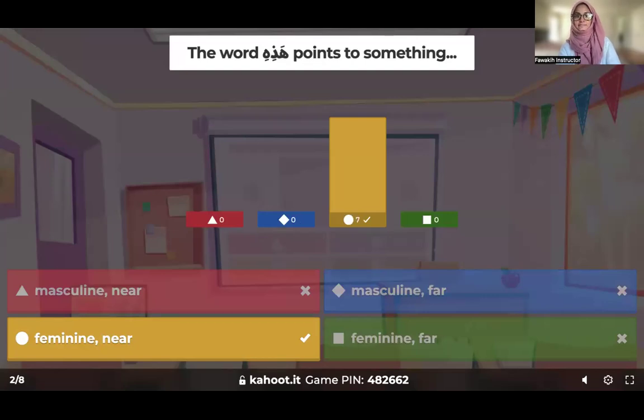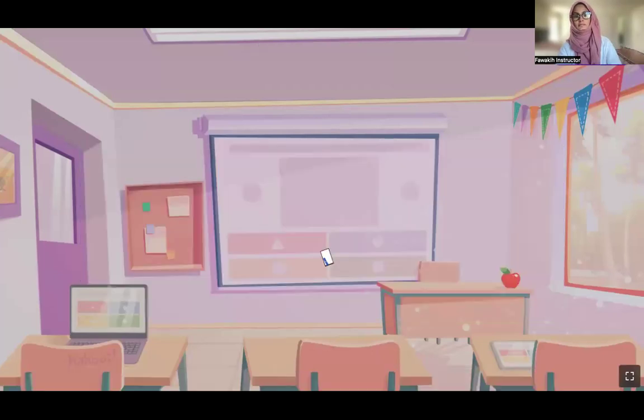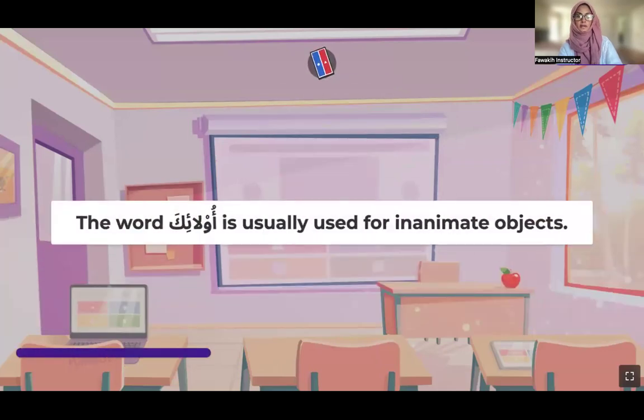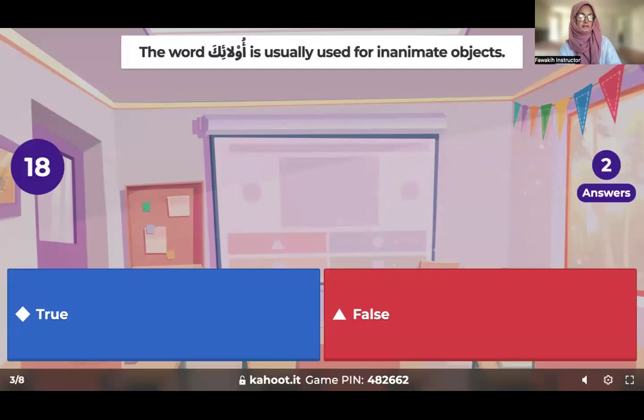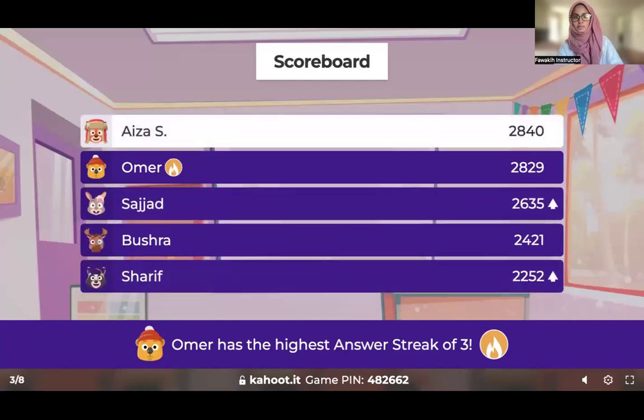Feminine and near. The word أولئك is usually used for inanimate objects. Actually, هؤلاء is usually for people, jinn, and angels.